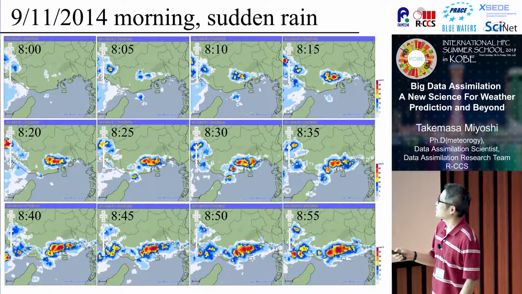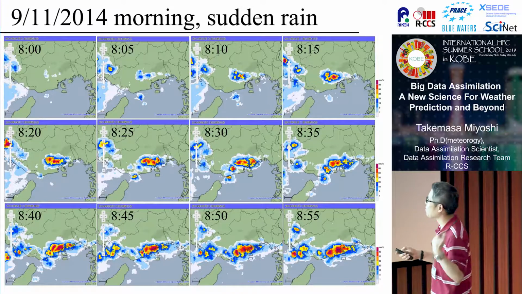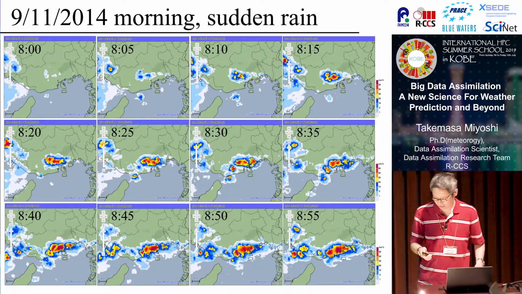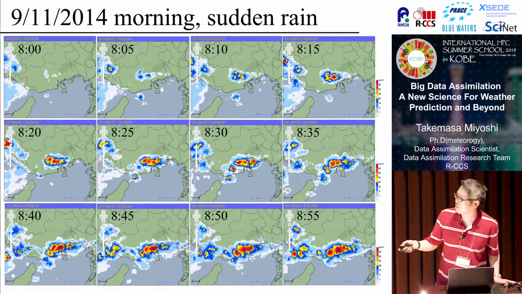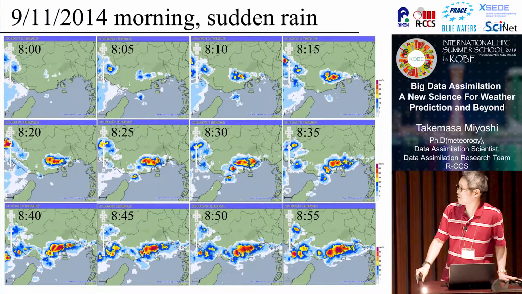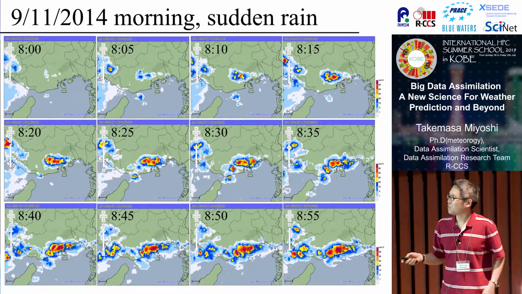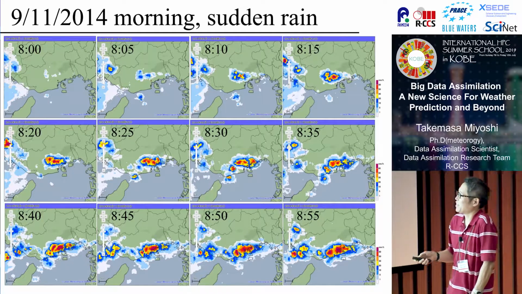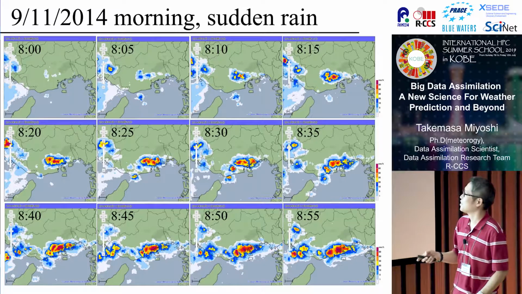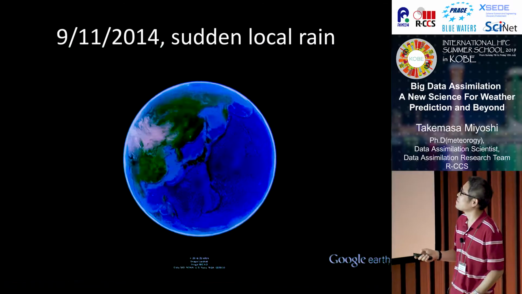But as you can see, at 8:30 I arrived, and I was okay. I felt something on my back, but I didn't look back, and that was fortunate. If I had known about this rapid development of convection, I would never have biked that morning. So this was a critical event for me. That's why I chose this. As a PI, I had a right to choose what case to study.